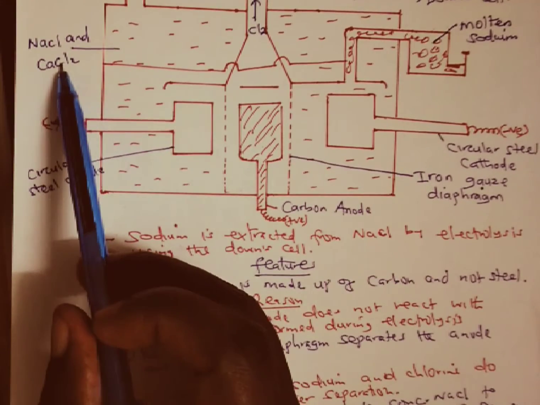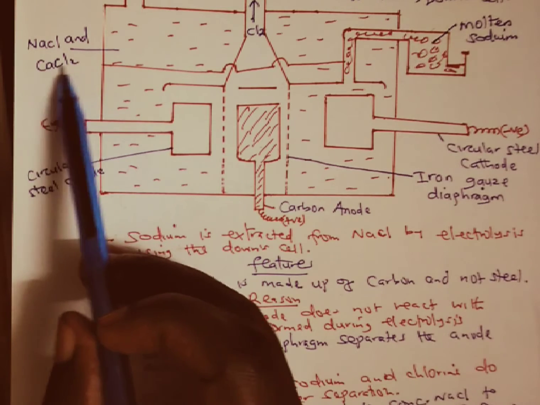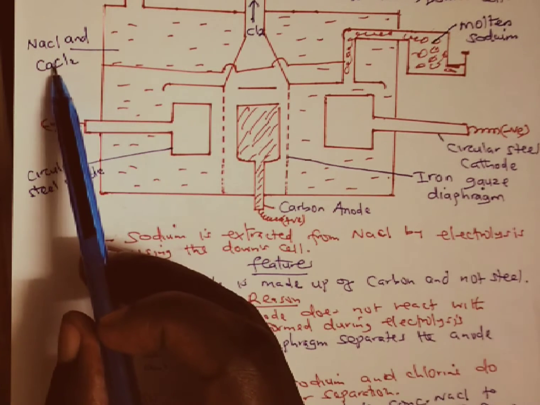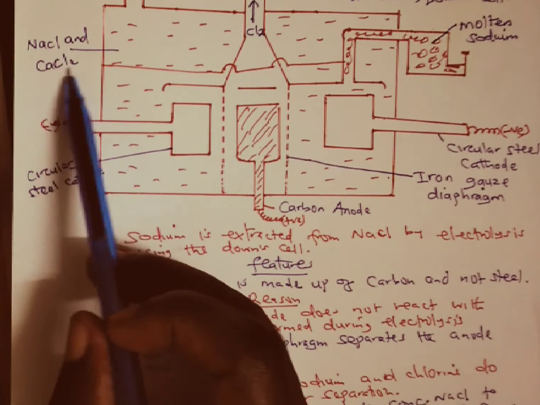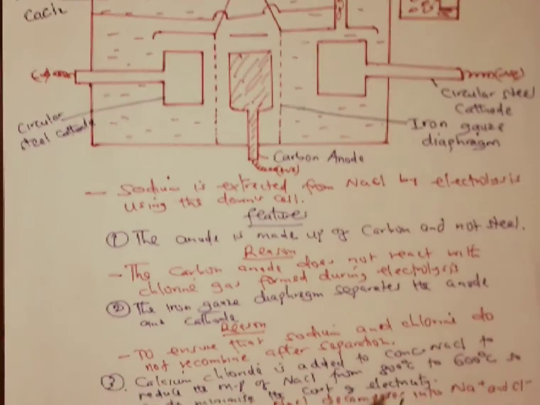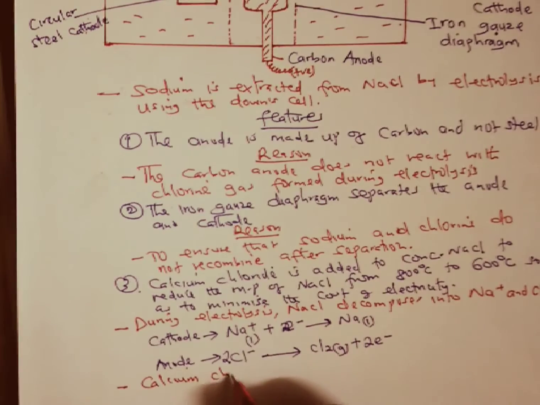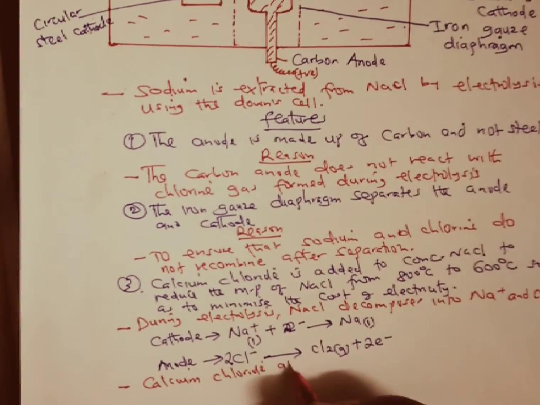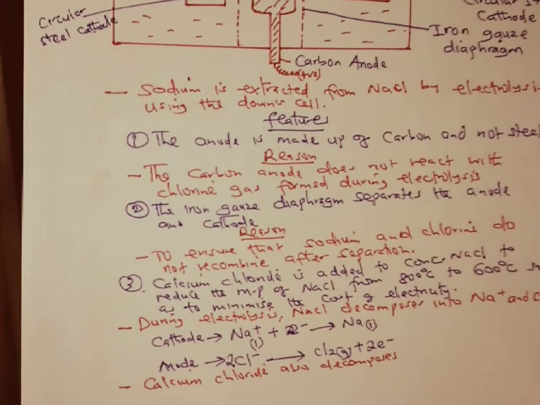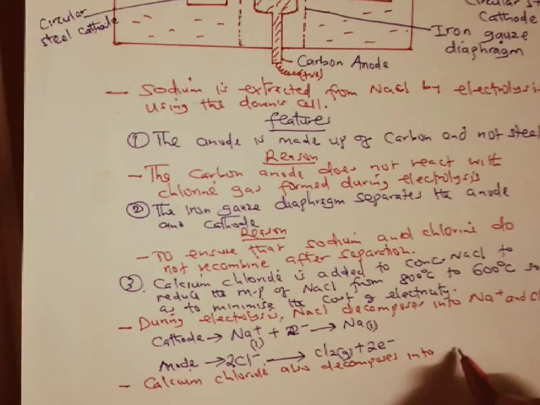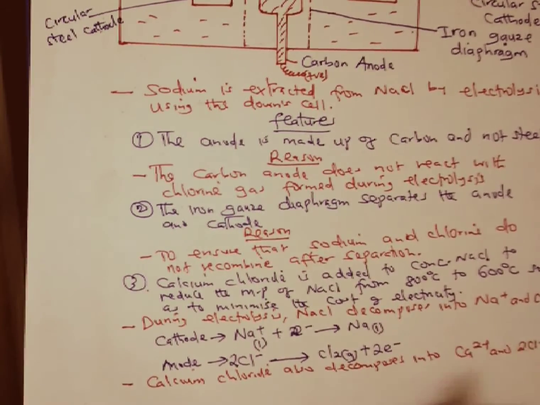Remember, we are adding calcium chloride. Calcium chloride is also ionic, and therefore when the current flows through the cell, calcium chloride decomposes into calcium ions and chloride ions. So we can say calcium chloride also breaks into calcium ions and 2 chloride ions.